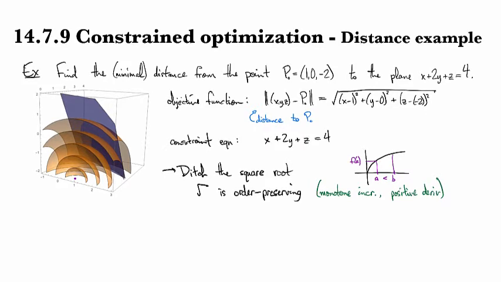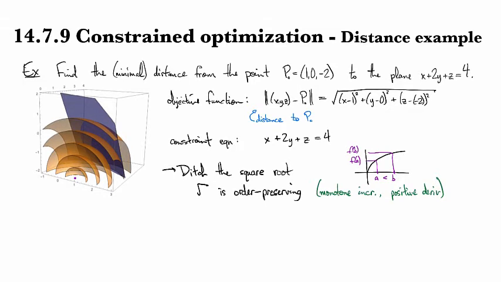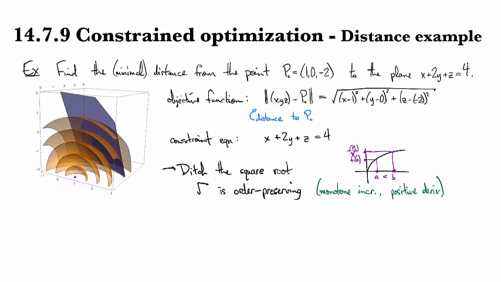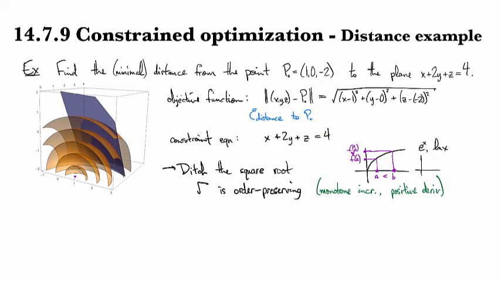If a is less than b, then f of a will still be less than f of b. The ordering between the output points corresponds to the ordering between the input points. Other examples of functions that this is true for are e to the x and the logarithm function. Both of these are increasing everywhere that they're defined.